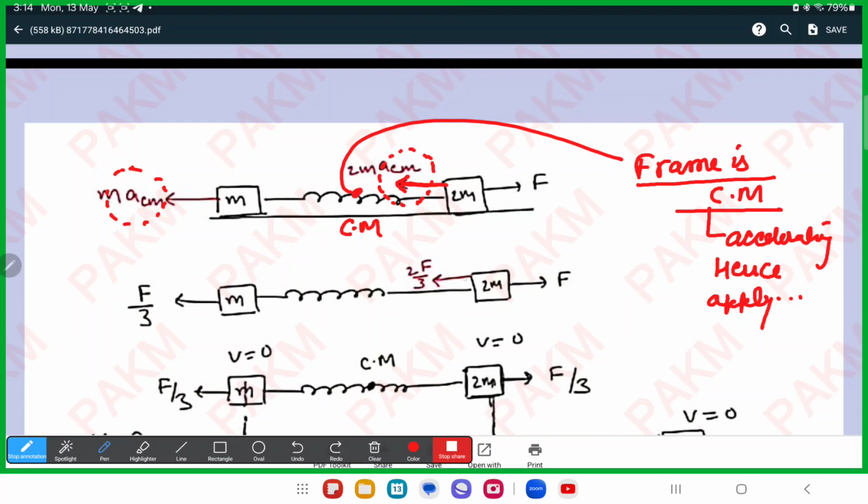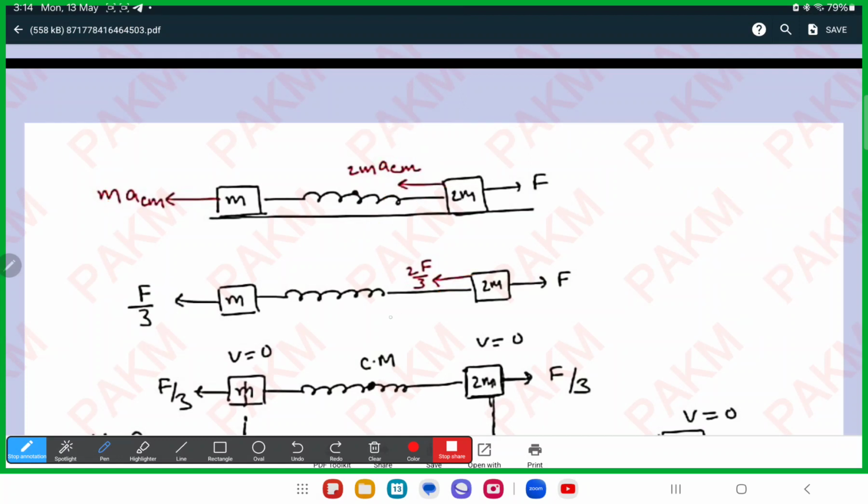Here you can see 2F by 3 and here F by 3, which are the values of the pseudo force. Now, the next important thing: for the spring, this is the natural position, natural length, so the velocity will be zero at both ends.